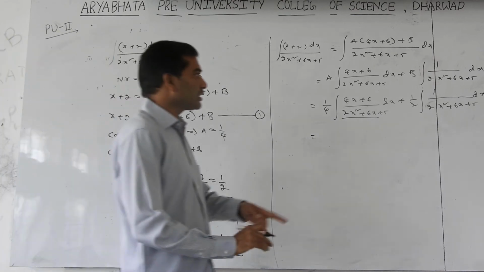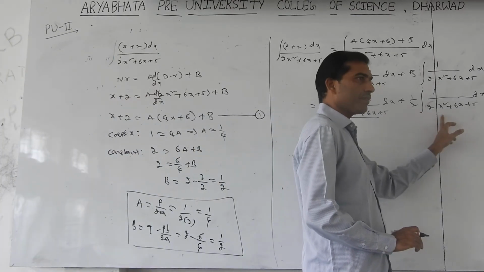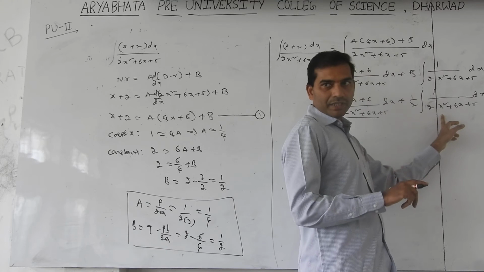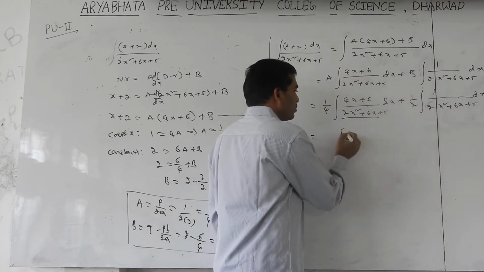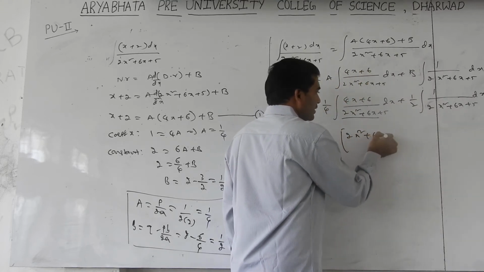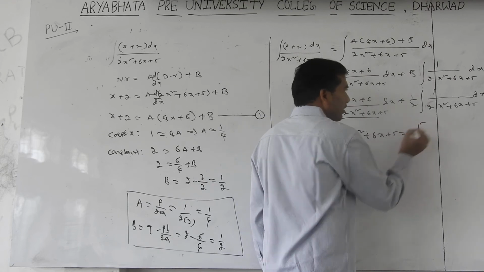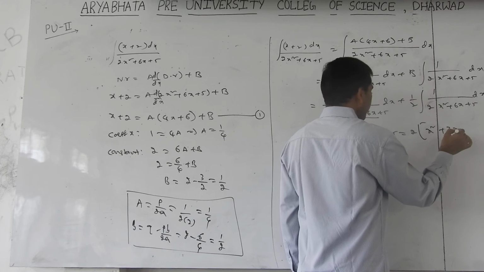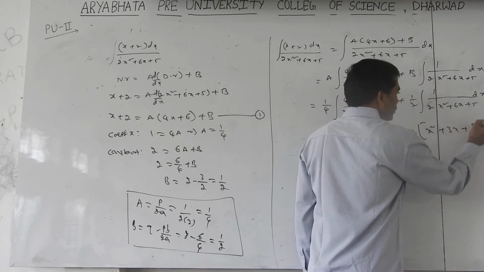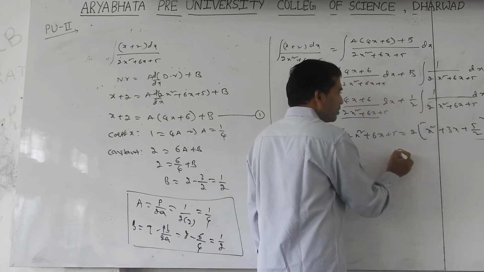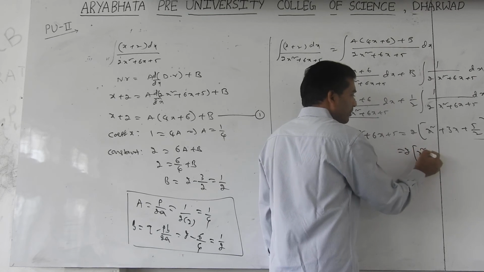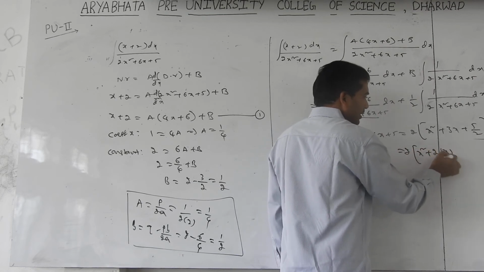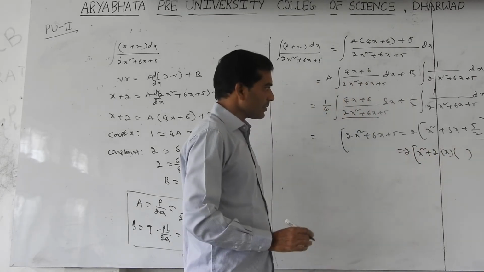Now I am going to simplify this, the second one. Consider 2x square plus 6x plus 5 equal to 2 taking common, x square plus 3x plus 5 by 2. Correct? a square plus 2ab, where b is how much? 3 by 2.